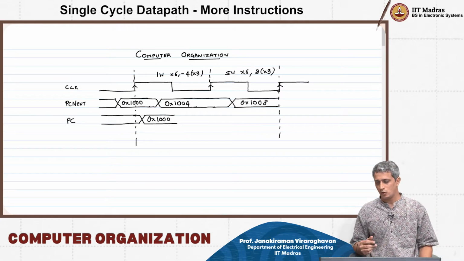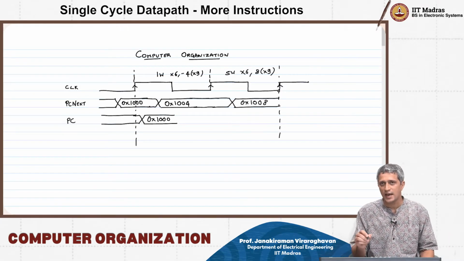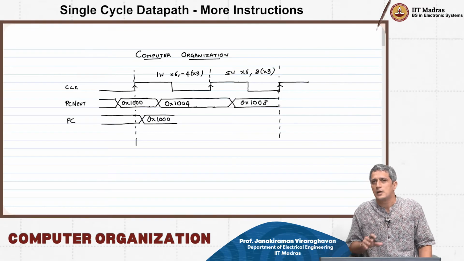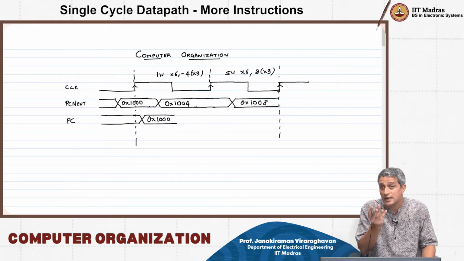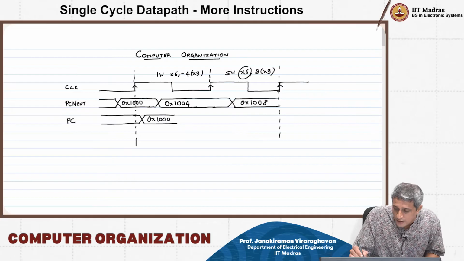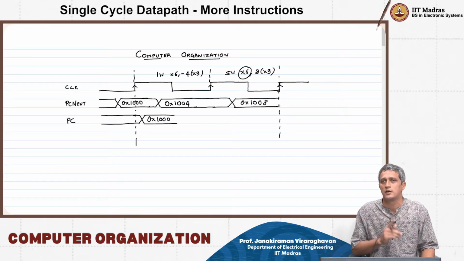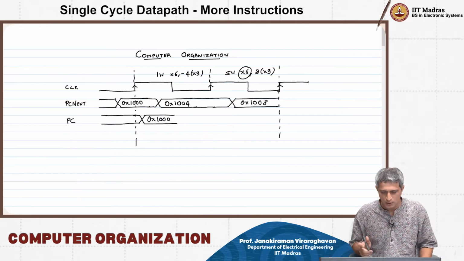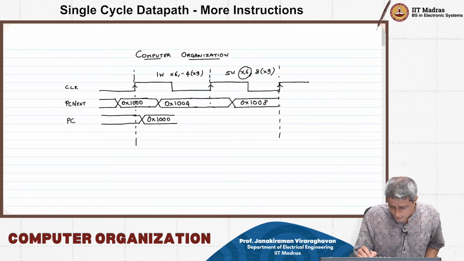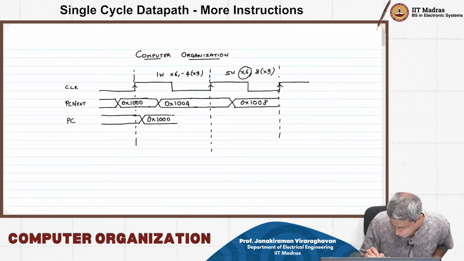So what we are saying is take x9, rs1, add 8 to it, treat that as an address, take the contents of x6 and write it to the data memory. Okay, so that is what is happening here.